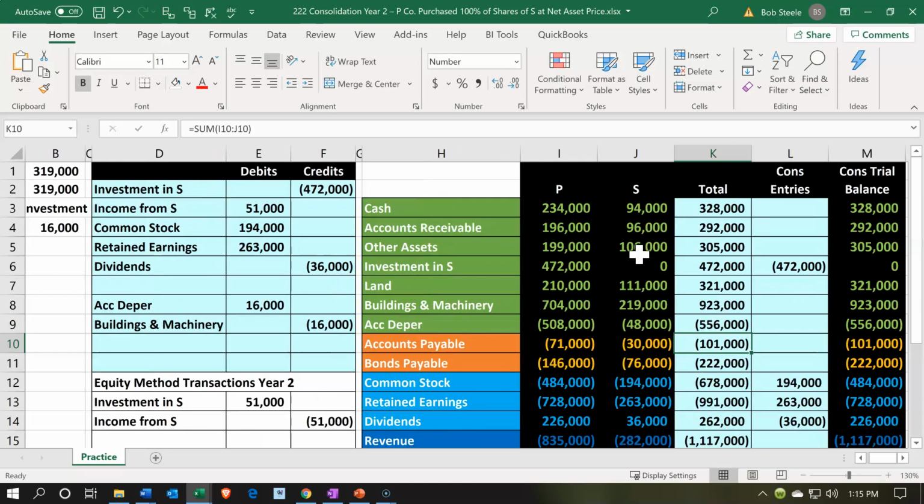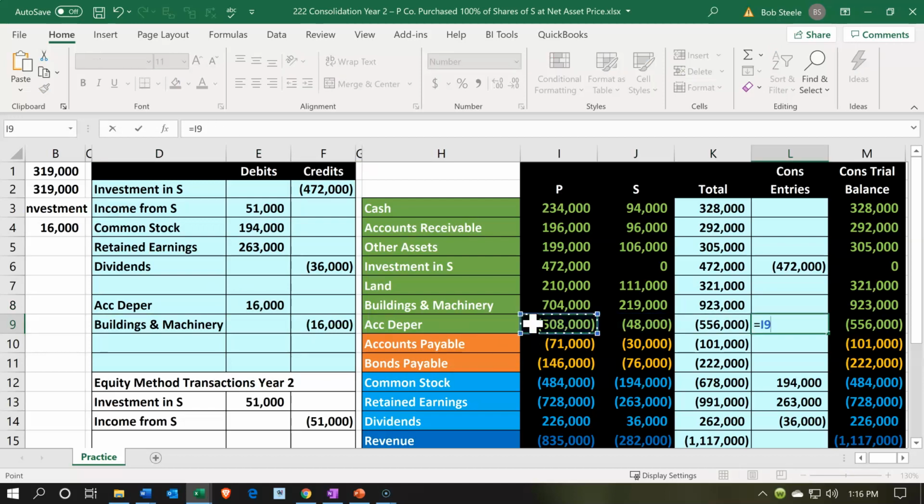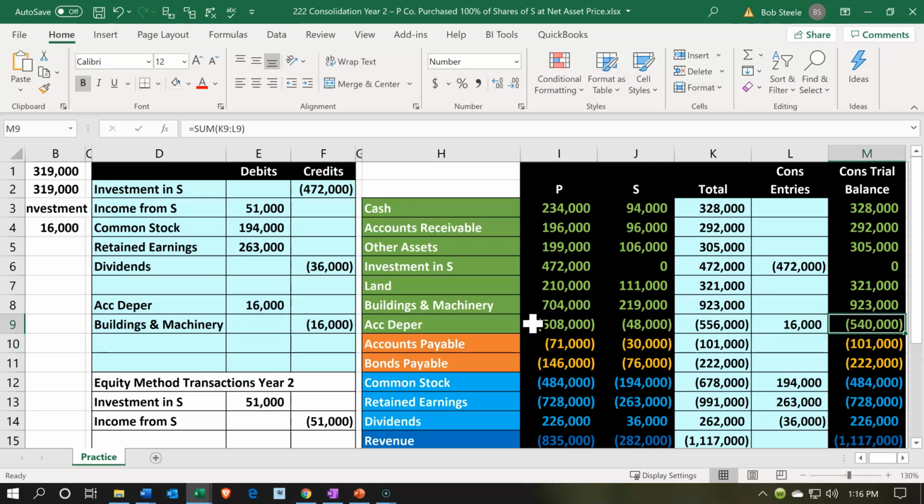Now, if we post that, then we're going to say, all right, so the accumulated depreciation, we're going to debit. It's a contra asset account, so it's going to go back up. So we're decreasing the contra asset. The contra asset's going to go down, total assets going up. And then the building is going to go down.